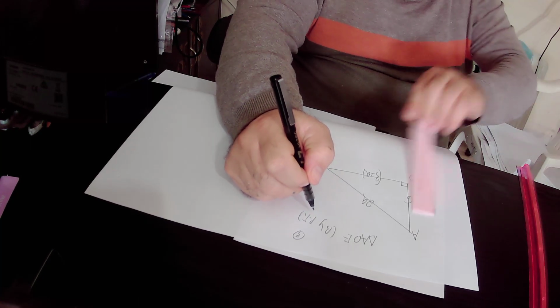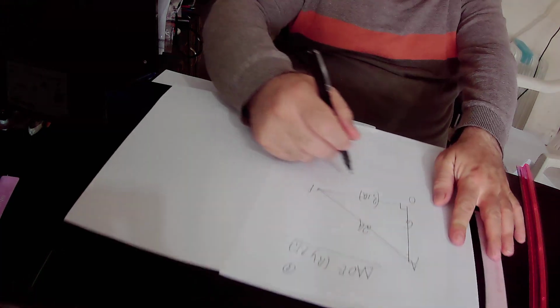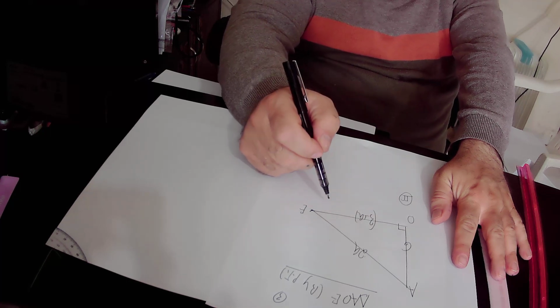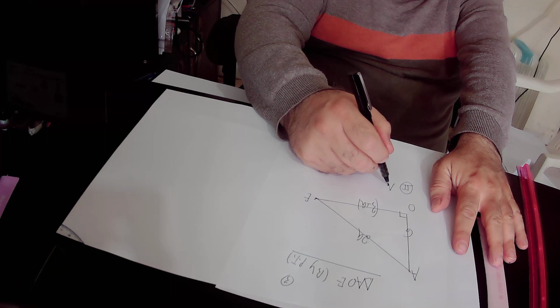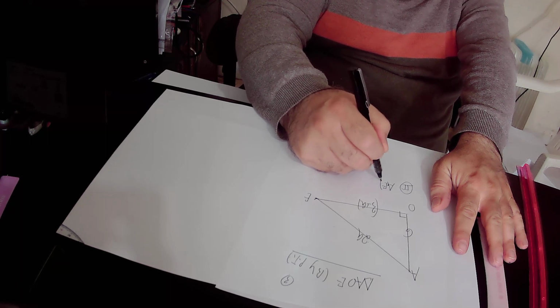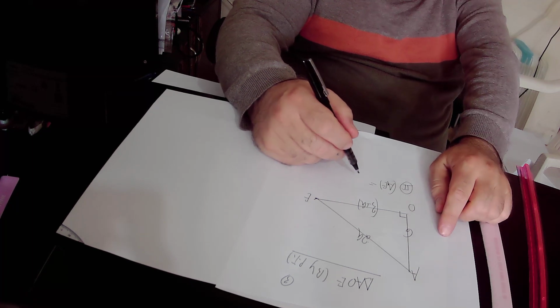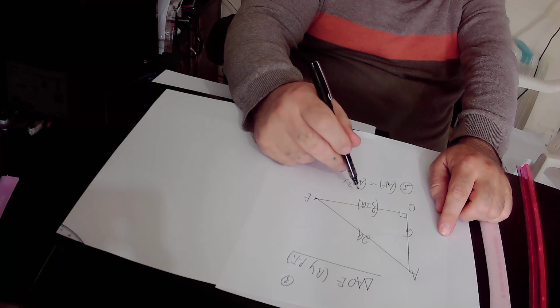According to the Pythagoras theorem, the square of the hypotenuse equals the sum of the squares of the perpendiculars. This will be equation number 2. The square of the hypotenuse is AE squared, and it must be equal to the sum of the squares of the perpendiculars. That is to say, it must be equal to AO squared plus OE squared.